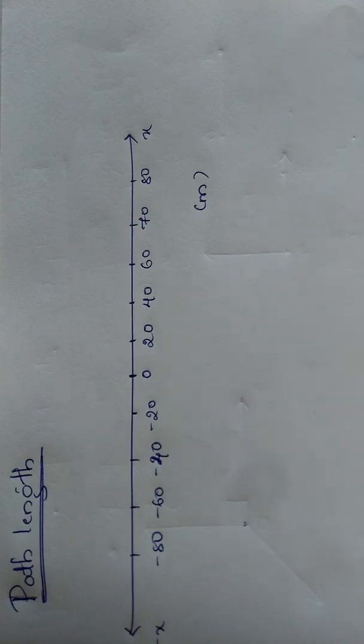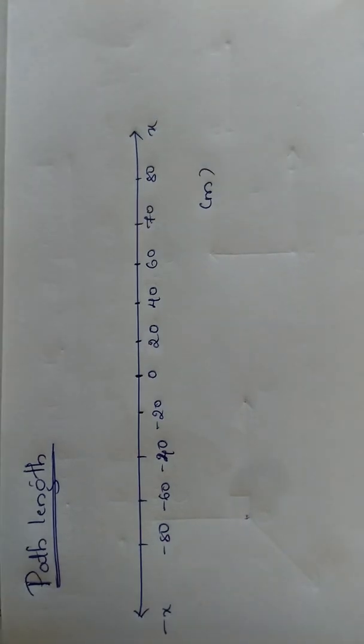In that we saw what is coordinate system, what is rectangular coordinate system, we saw reference point, we also learned what is frame of reference and what are coordinates, and later we came to one-dimensional motion, two-dimensional motion, three-dimensional motion, and we also learned examples for all three-dimensional motions. Then we left our class at path length.